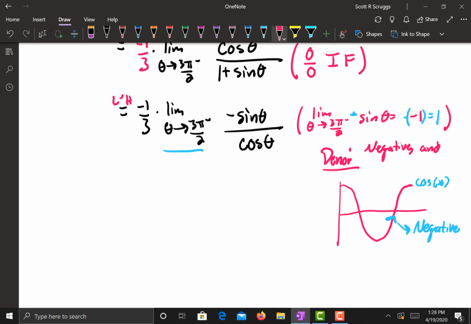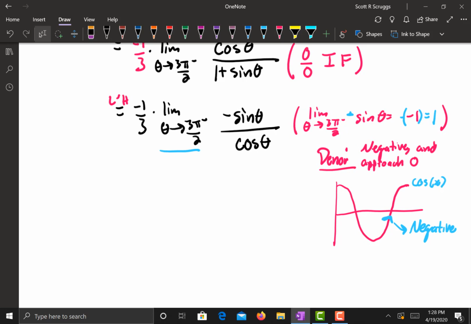And I approach 0 as I get closer, meaning I have a positive number that's relatively constant, and a very, very tiny negative number in the denominator, which means that part will equal negative infinity.